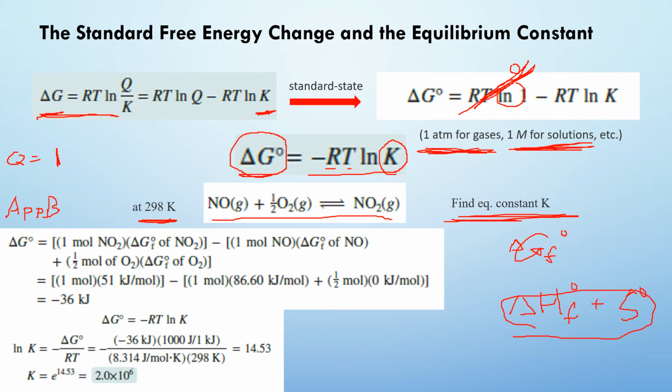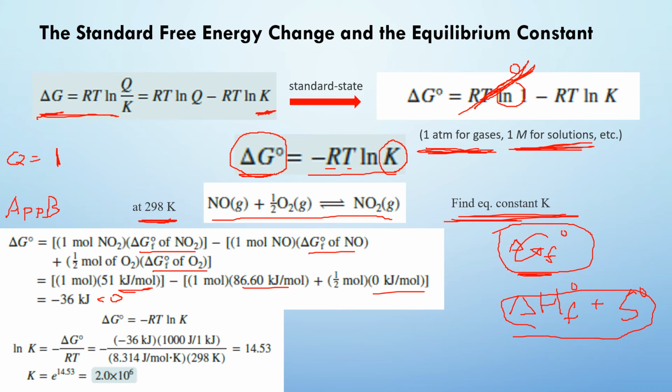Apparently the first way is easier, because all these numbers are given in the appendix, so I will use this delta G f naught. You can find the corresponding values for these three substances in the table. So we can do the calculation, and the delta G is negative 36 kilojoules, which is less than 0, so it is a spontaneous reaction.